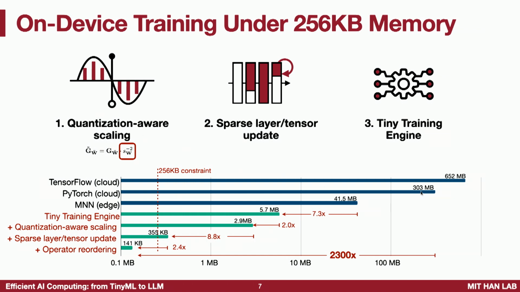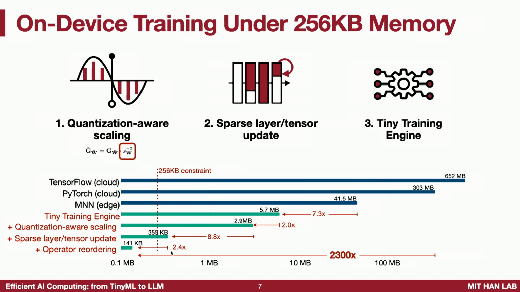Compared with TensorFlow and PyTorch, which require hundreds of megabytes of training memory, several techniques with the tiny training engine bring down the memory by 7 times. Quantization-aware training using lower bits reduces it by another 2x. Using sparsity and pruning, we reduce it by another 8.8 times.